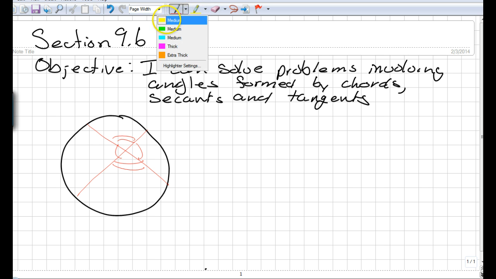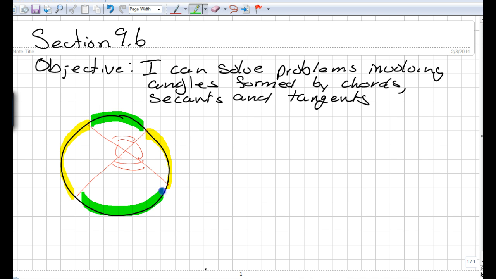Also notice that the chords intercept arcs. So those two intercept those arcs, and these angles intercept these arcs. Okay.